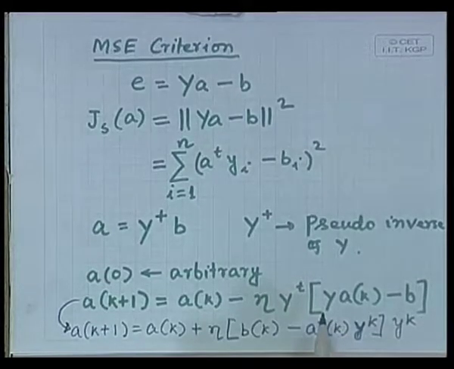Okay. Now, again this mean square error criteria function based iterative algorithm to find out a solution vector is problematic in the sense that we have said that the perceptron criteria and the relaxation criteria are useful when the classes are linearly separable.